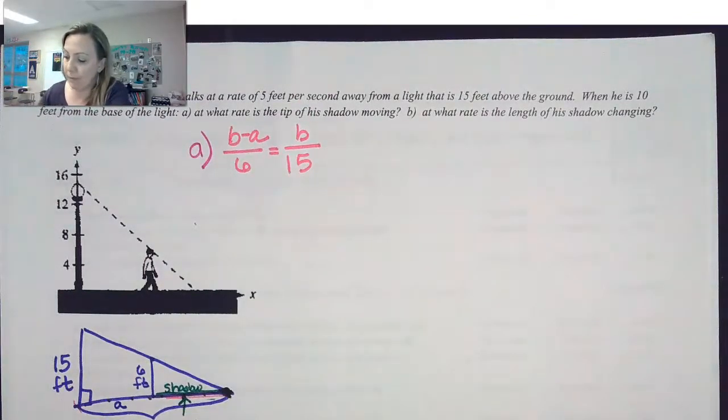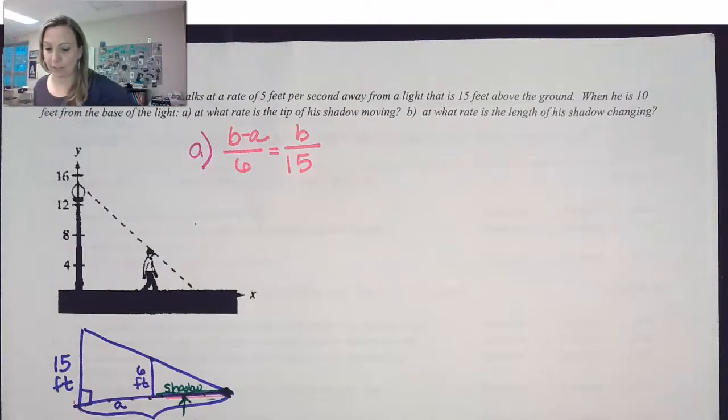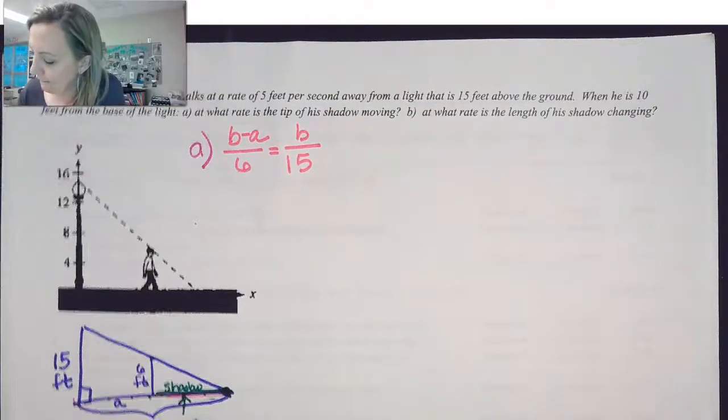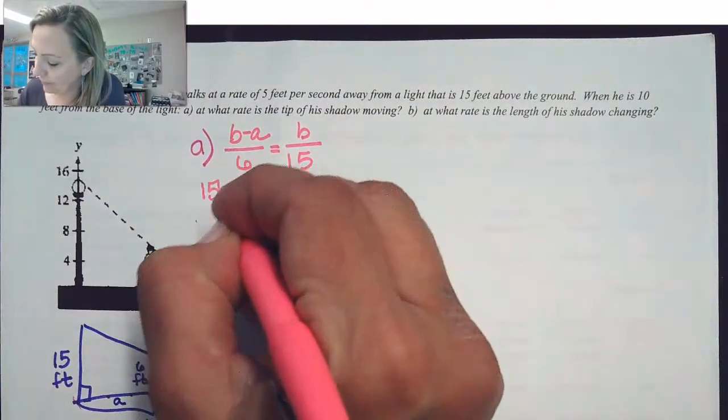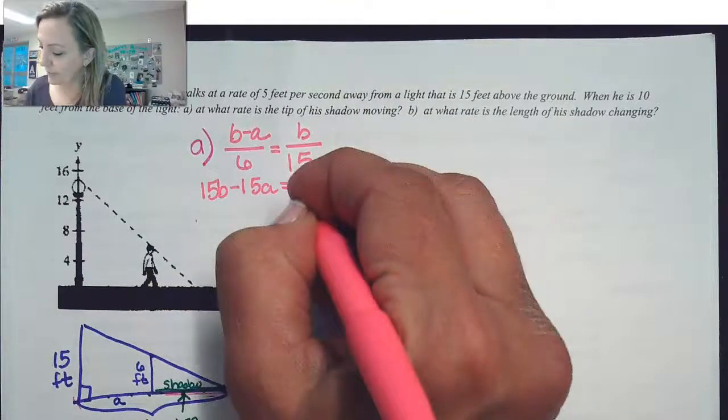You also could have put B minus A over B equals 6 over 15. It ends up being the same. We're going to cross multiply, and that's when we get 15B minus 15A equals 6B.